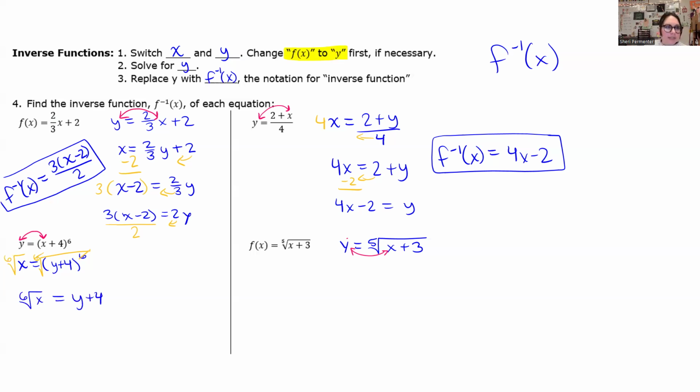I just have one more step. I am adding 4, so to get rid of add 4, I have to subtract 4. So I get the 6th root of x, minus 4. It doesn't go inside. Equals y, but I need to rewrite it as inverse.